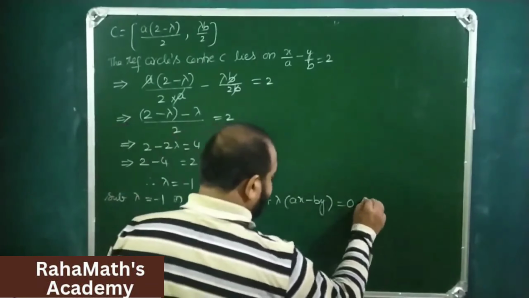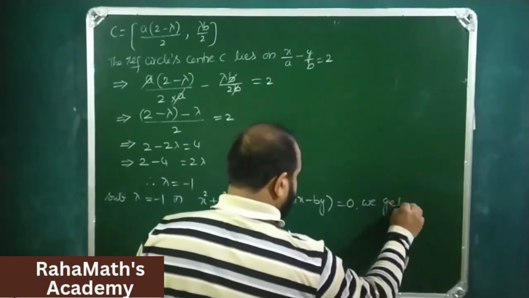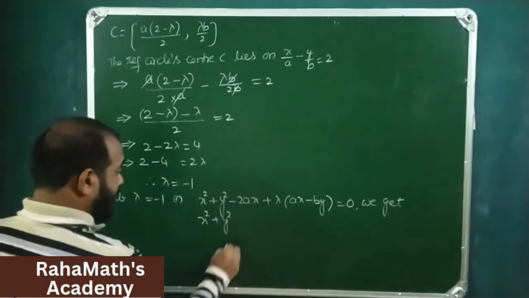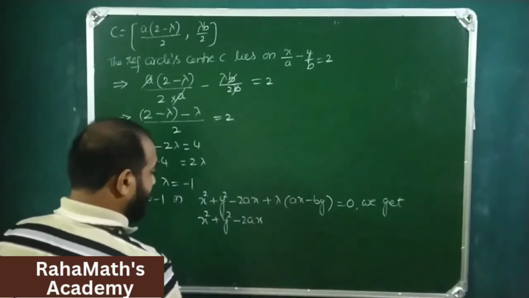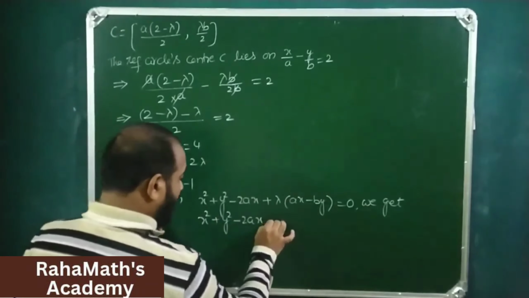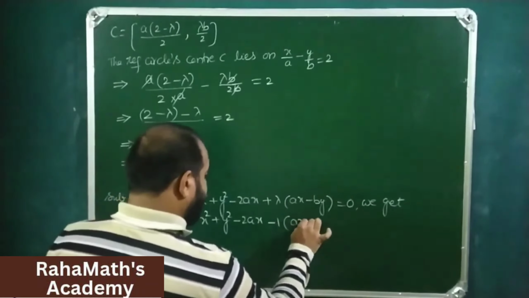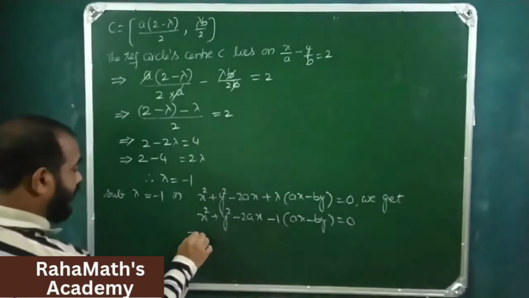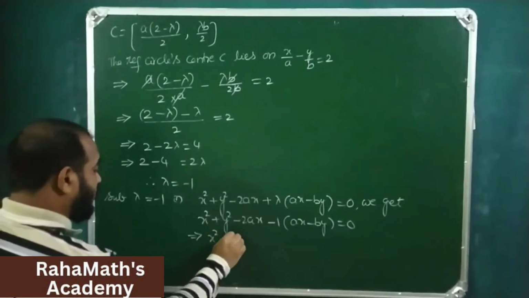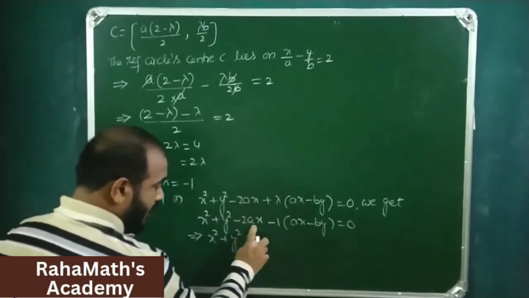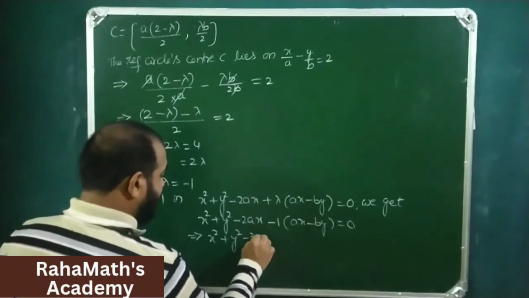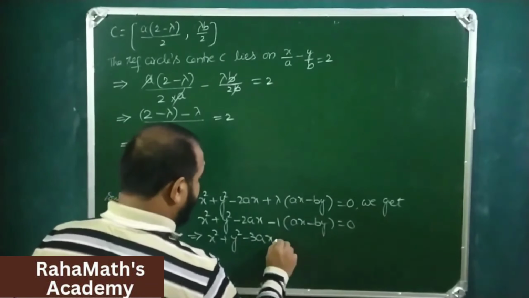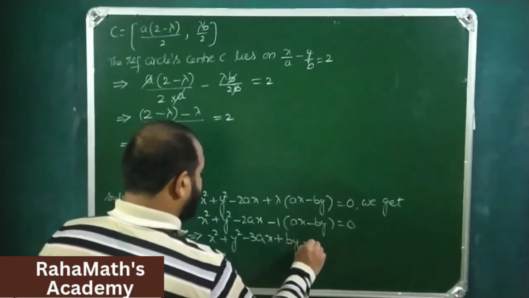We get x square plus y square minus 2ax, lambda is minus, so minus 1 into ax minus by equals 0. This implies x square plus y square minus 2ax minus ax, which is minus 3ax, minus into minus, so 1 into by is plus by, equals 0.